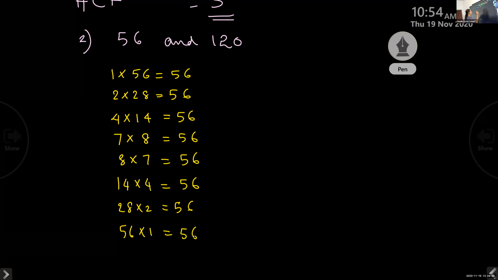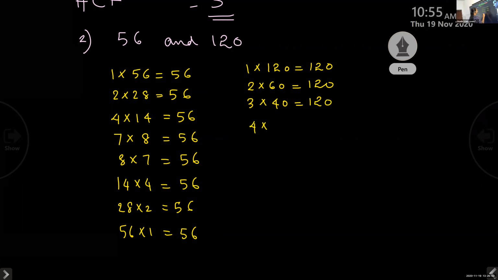Okay. Now 120. 1 into 120 equals 120. 2 into 60 equal to 120. 3 into 40 equal to 120. 4 into 30 equal to 120.